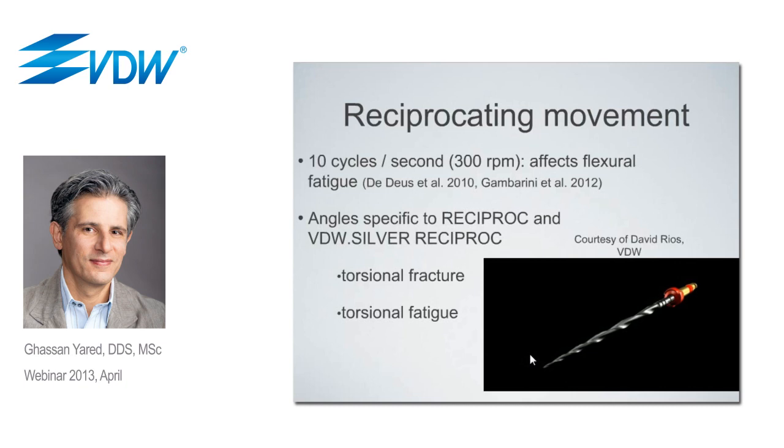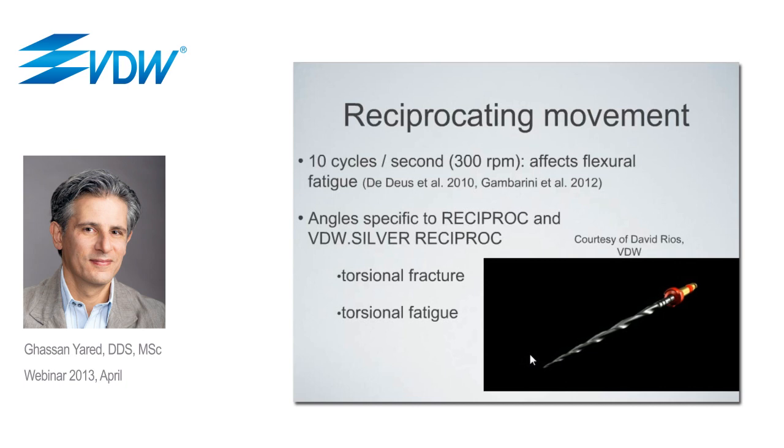Now you understand that the angles that are set on the motor are specific to the Reciproc instrument, because these angles are based on the elastic limit of the Reciproc instrument. And this means that you should not use the Reciproc instrument with other motors. You may be successful using it with other motors. As you know, there are already some motors available to use reciprocation.